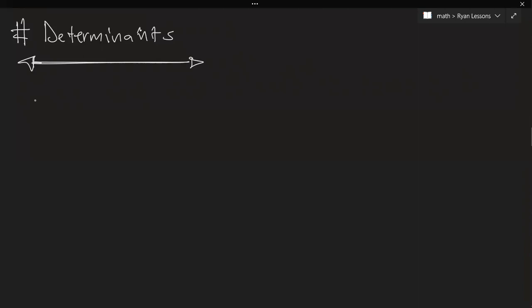Are you fine with that? Given a 2 by 2 and 3 by 3 matrix, are you fine with finding their determinants? Okay, cool.